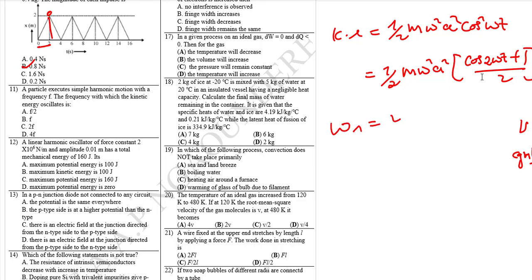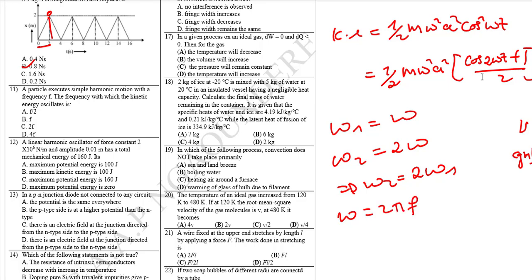Our omega 1, let's say it's omega, but our omega 2 is 2 omega. So omega 2 will simply be equal to 2 times omega 1. But remember, omega is directly proportional to frequency, since omega is equal to 2 pi f. So if omega doubles, the frequency also doubles. So the correct answer is C.